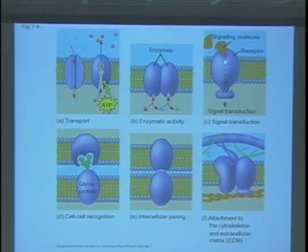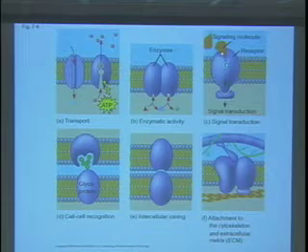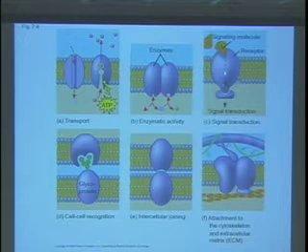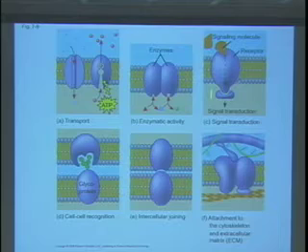Signal transduction, so again, the idea here is that some molecule on the outside could interact with a protein and then transmit a signal across the membrane, and that's often done through chemical or structural changes in the protein itself that trigger the transmission of that signal and then changes inside of the cell.